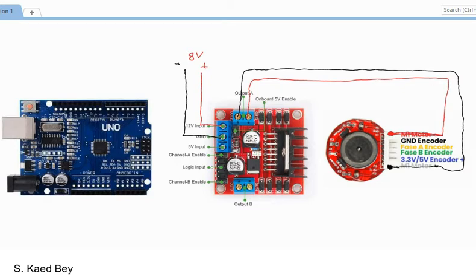We're going to use the gray, so that's 1. We're going to connect it to pin 4. And we can connect the other one to pin 5.